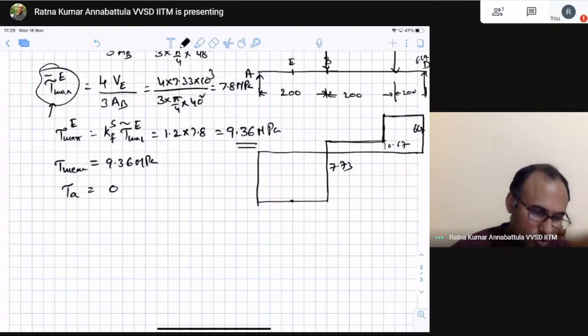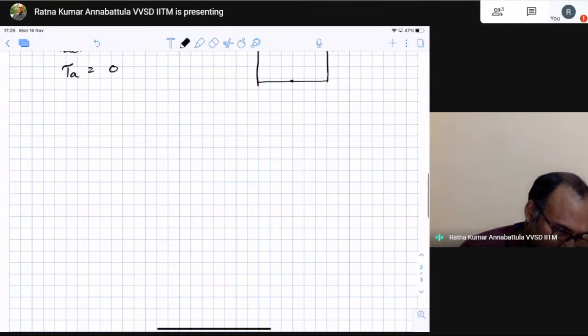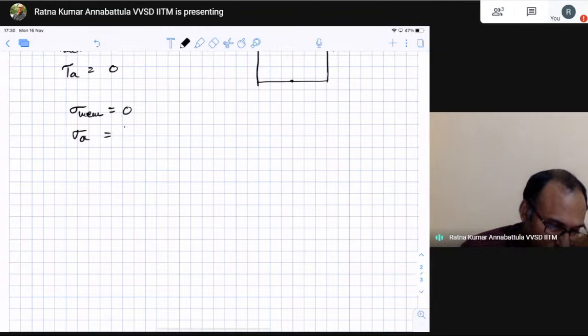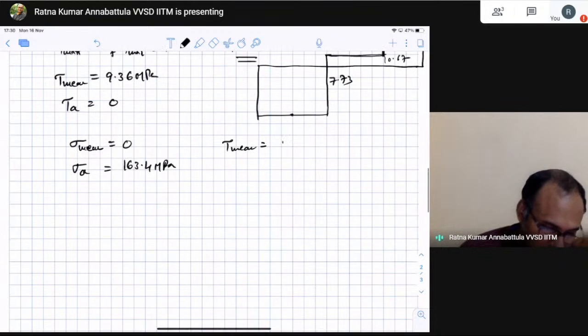Okay, so now let us write down what we have. You have a normal stress with sigma mean equal to 0 and sigma amplitude equal to 163.4 MPa, and you have tau mean shear stress of 9.36 MPa.